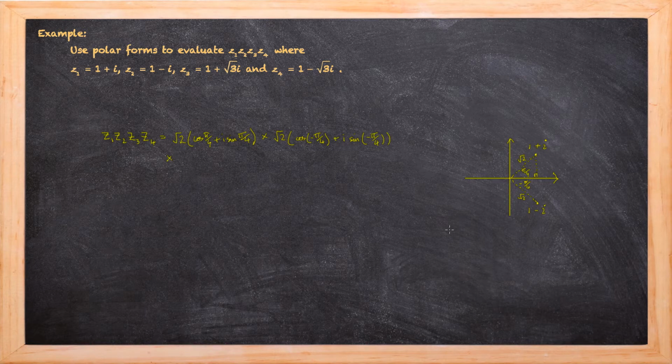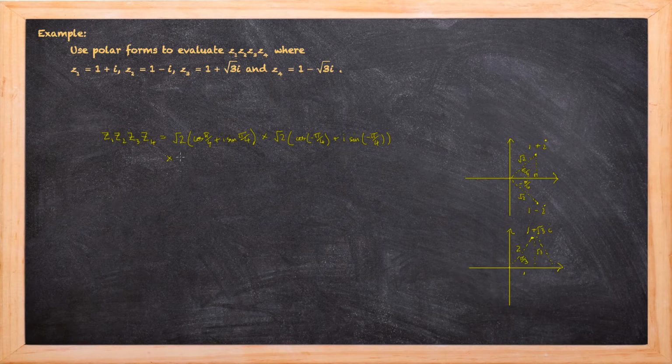So on to Z3, another diagram, and it's 1 plus root 3 i. Make up a right-angled triangle. The sides of 1 and root 3, so that would give us 2, and imagine it as half of an equilateral triangle, and the argument will be pi upon 3.